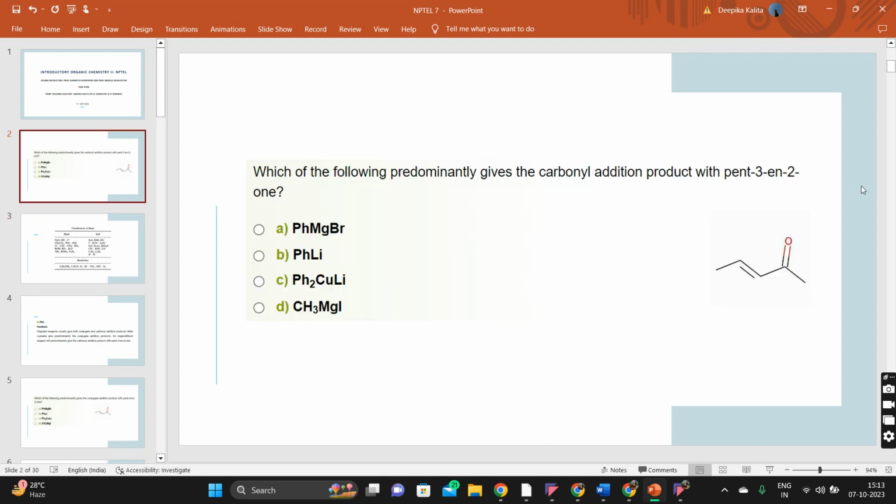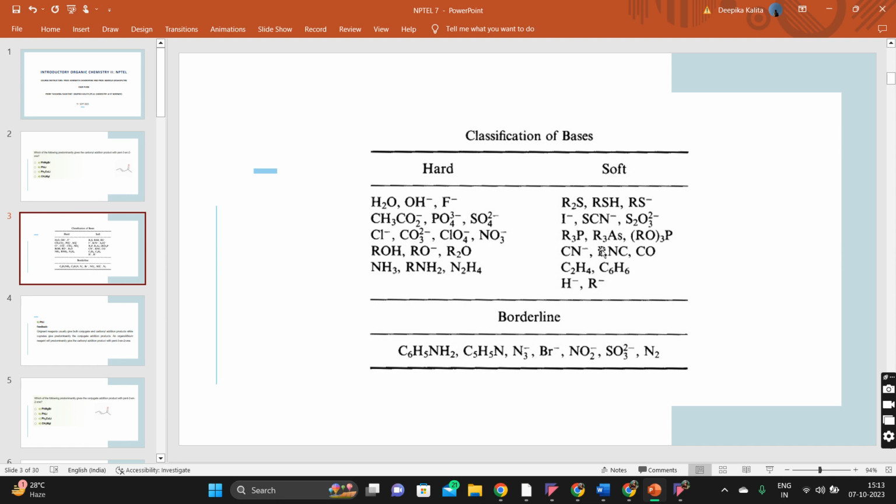After knowing the concept of hard soft electrophilic centers in this alpha beta unsaturated ketone, you must know that hard nucleophiles will get added to the hard electrophilic center, and the soft nucleophiles will get added to the soft electrophilic centers.